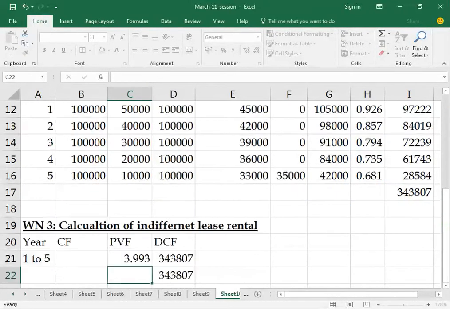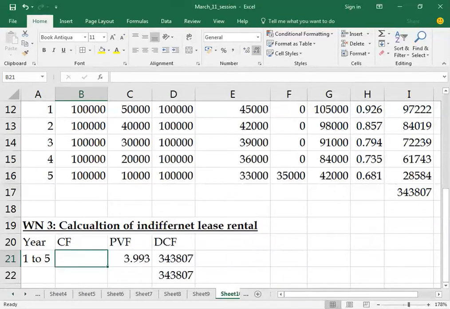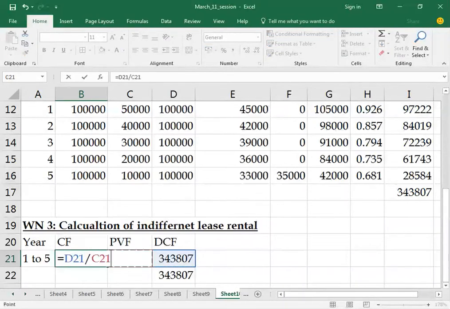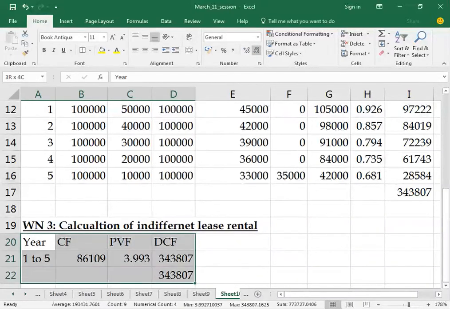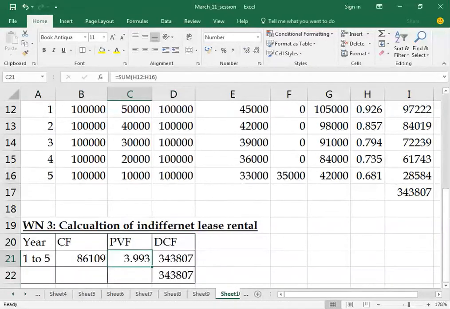The factor is 3.993 and the lease rental is... I would want the outflow to be 343,807.